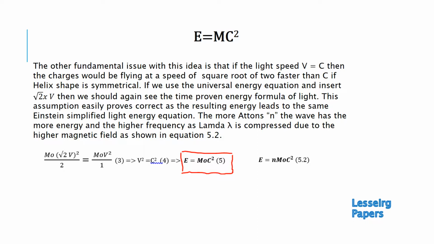Since v squared is a constant, in this case c squared, the energy becomes m0 times c squared.